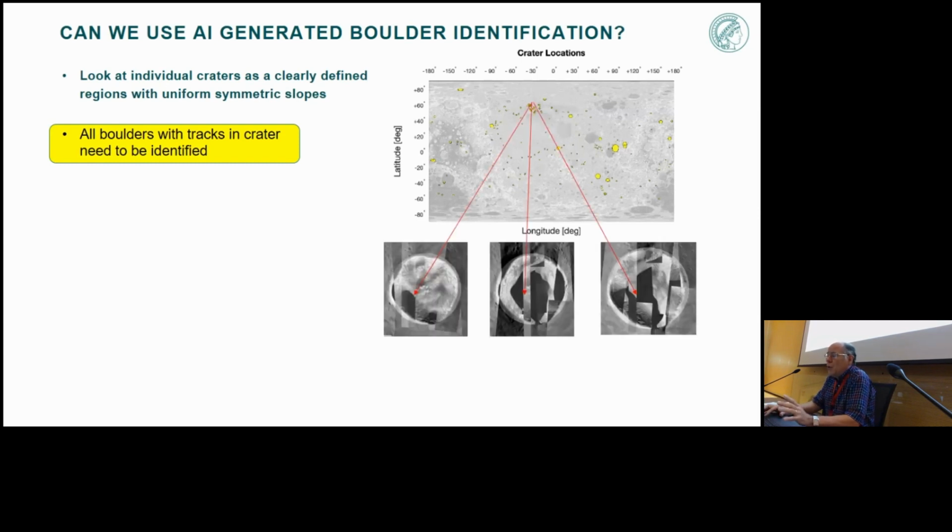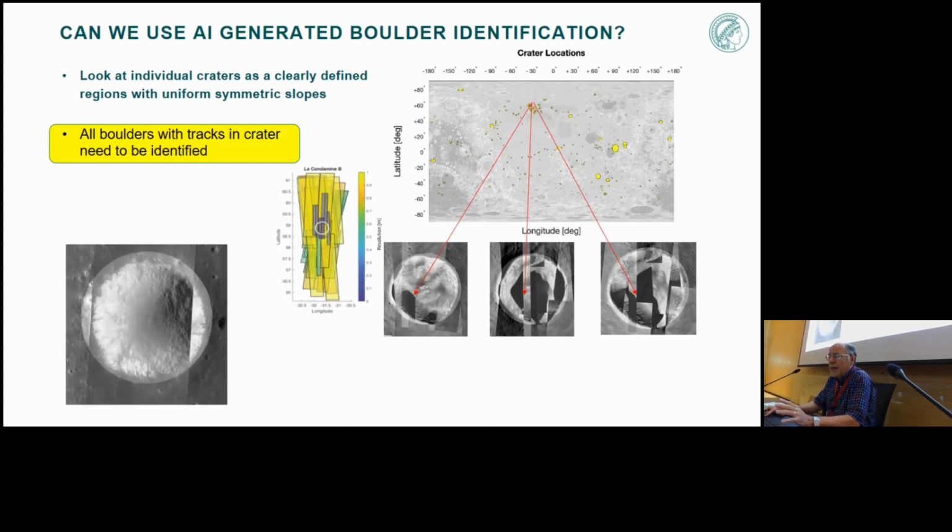So the problem you already see, what the artificial intelligence, you feed them all these images in, but you have this area which are shaded. You can work this out, and we have done this, and you can ultimately create, of course, nice mosaics without any boulders, without any shades, so that you should see really all the boulders.